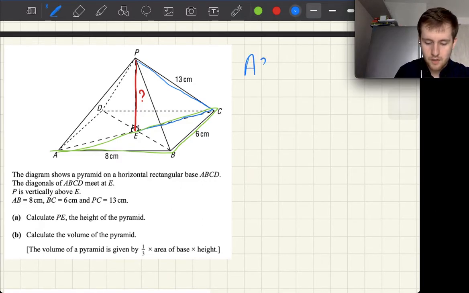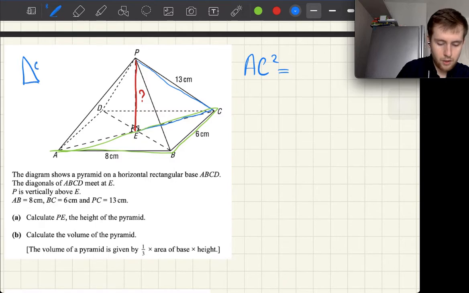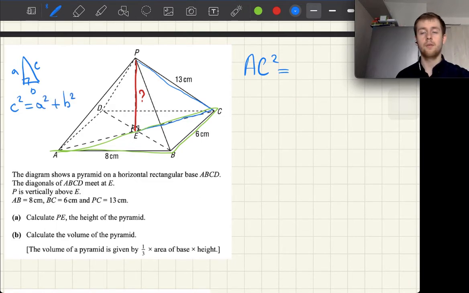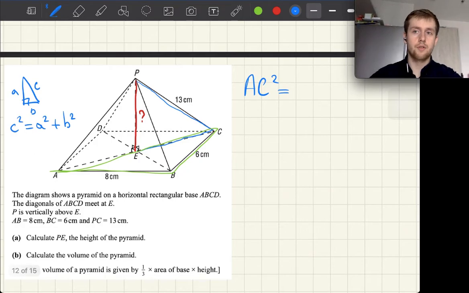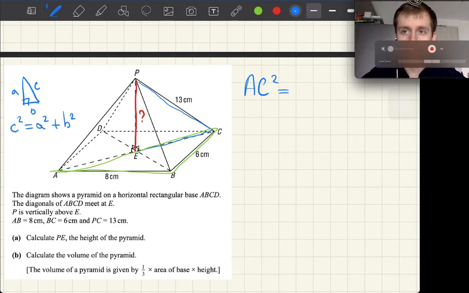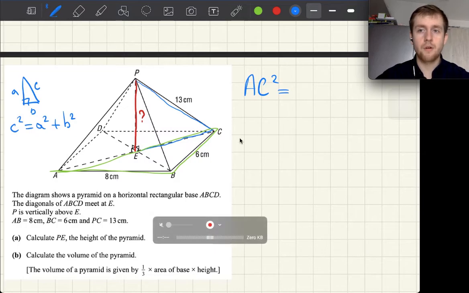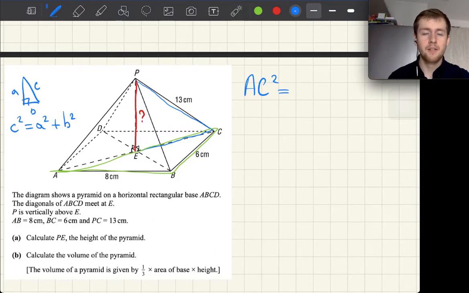So remember again, the Pythagoras theorem is basically like this: hypotenuse squared equals the two other sides squared added together. So AC squared equals 8 squared plus 6 squared.